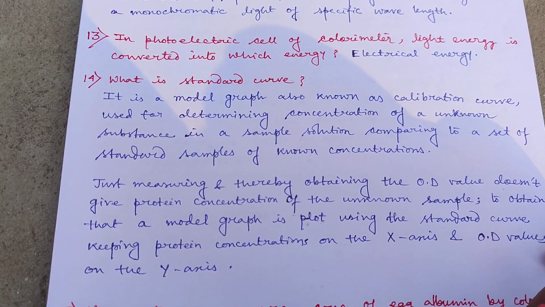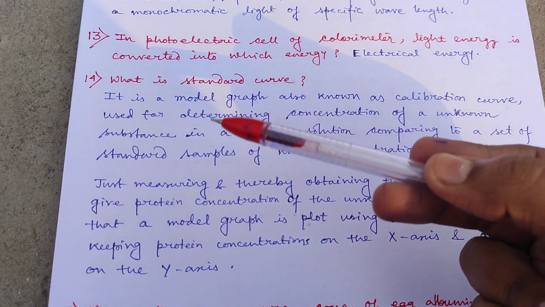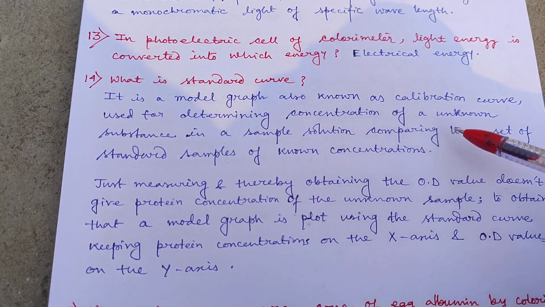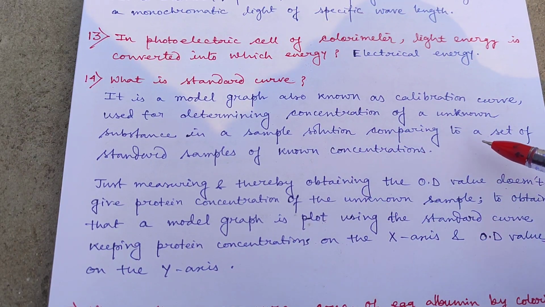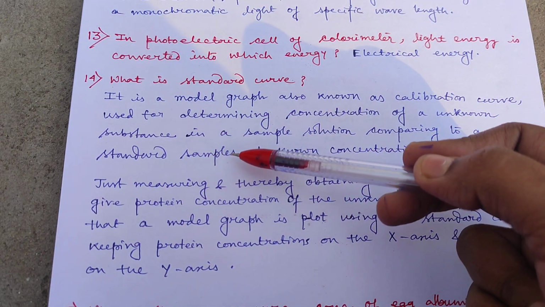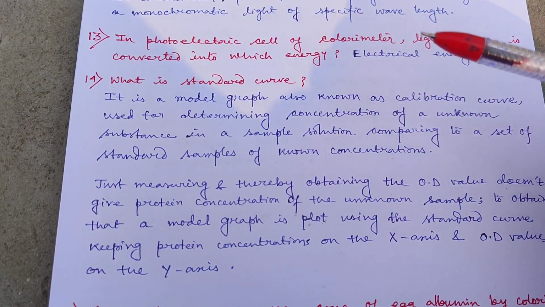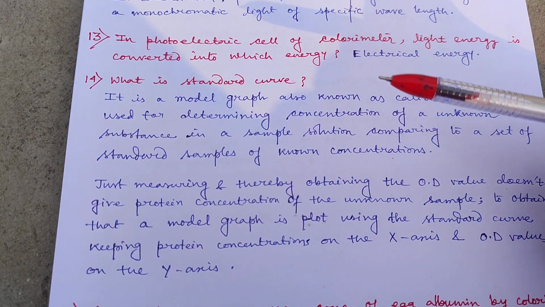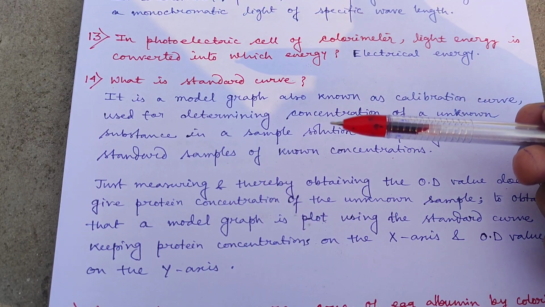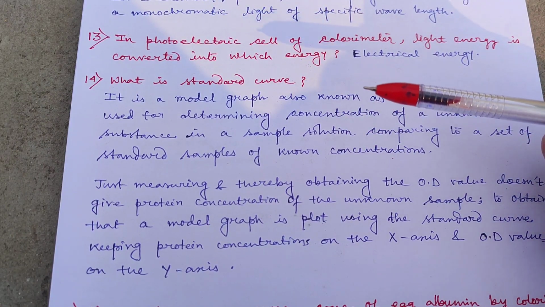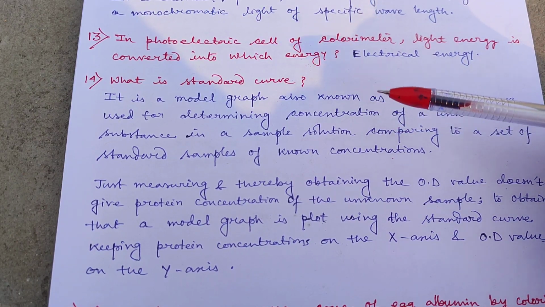Next question, what is a standard curve? See, a standard curve, or model graph, is also known as a calibration curve. It is used to determine the concentration of an unknown substance in a sample solution by comparing to a set of standard samples of known concentration. When someone gives you a sample with unknown concentration, you will get the OD value from the colorimeter, but only getting the OD value does not give you the concentration of protein in the unknown sample.